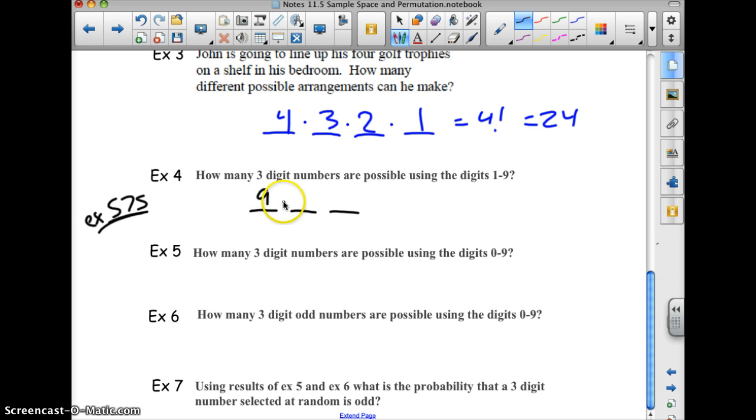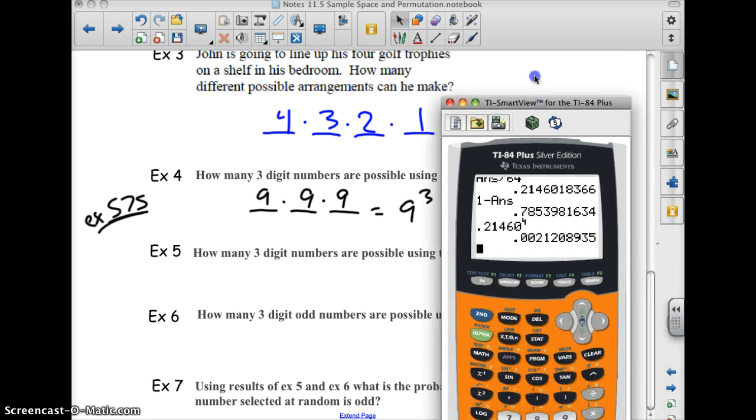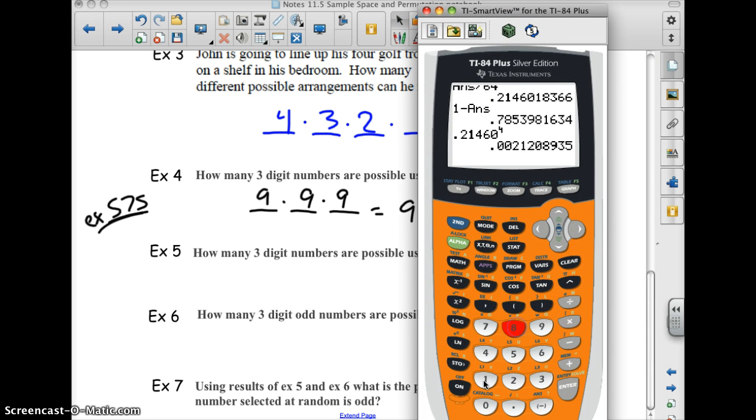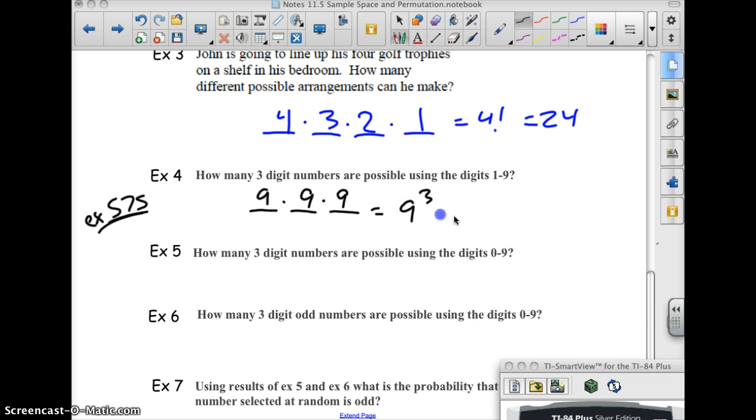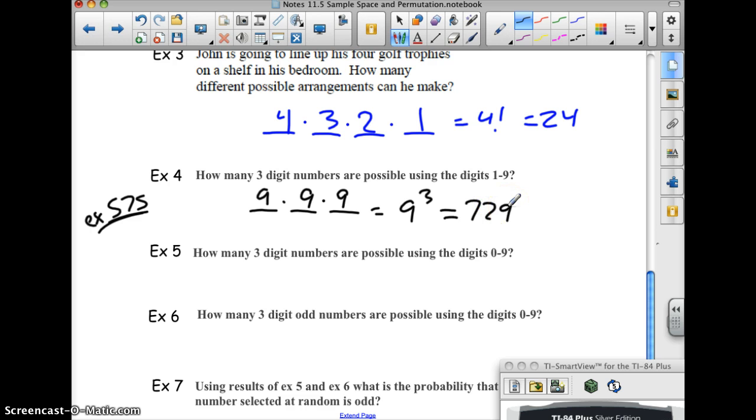And for the next one, it could be the same digit or something different. It could be any one of 1 through 9. So 9 choices for all of these. That is 9 times 9 times 9, which is 9 to the 3rd. I don't know what that is off the top of my head. 81 times 9 is 729.